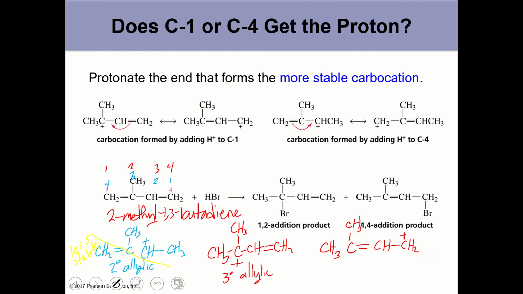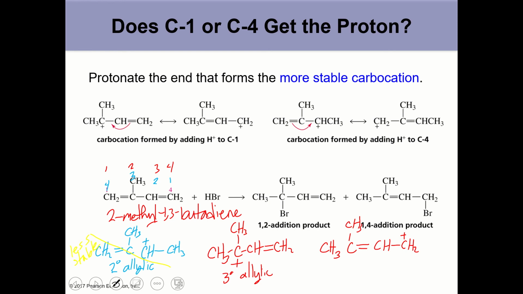And even though this is a less stable cation, it's a more stable double bond. And so for the final product, when bromine adds, the more stable position for the double bond is going to determine whether 1,2 or 1,4 gives us the more stable product.